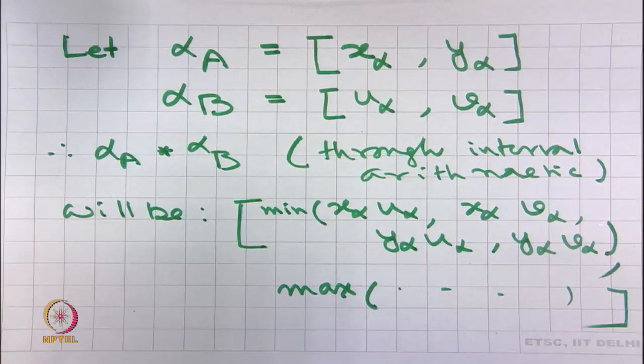So, that is what we get by multiplying alpha cut of A and alpha cut of B.